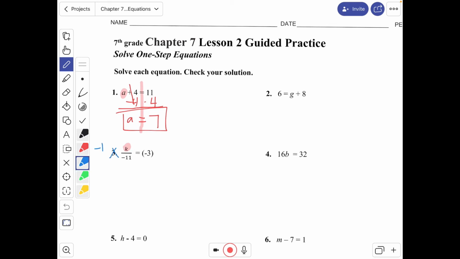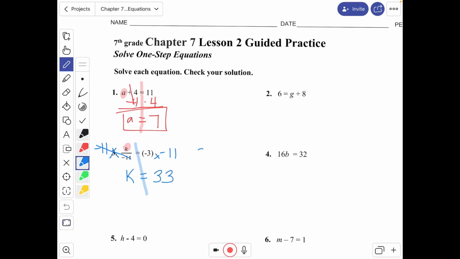So times negative 11 on both sides. The negative 11s cancel. K comes straight down. Equal sign straight down. Negative 3 times negative 11 makes positive 33.